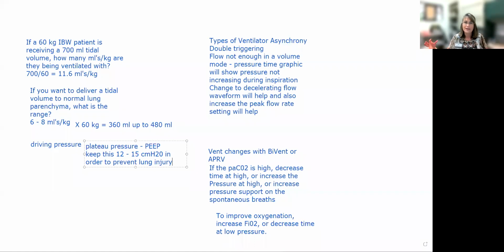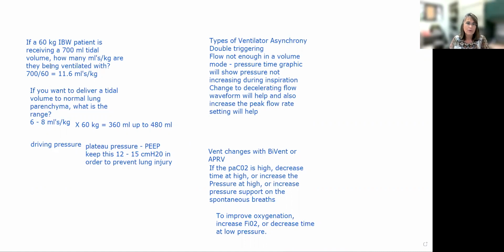It's still too big. Keep turning your tidal volume down until your driving pressure is between 12 and 15. And then you're safely ventilating the patient. So that goes even further than just looking at tidal volume.